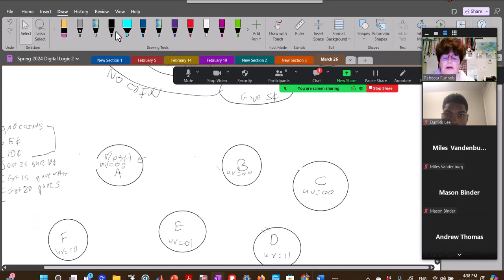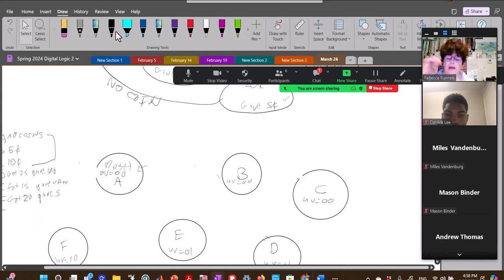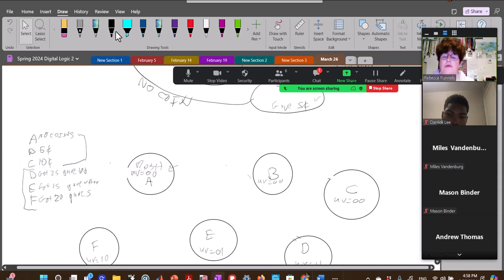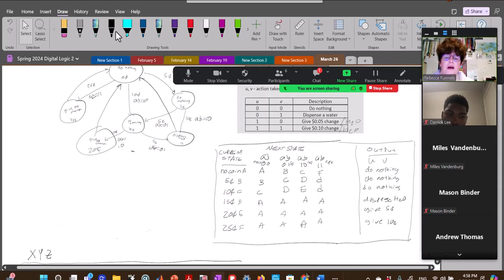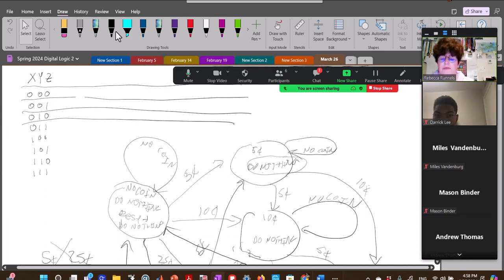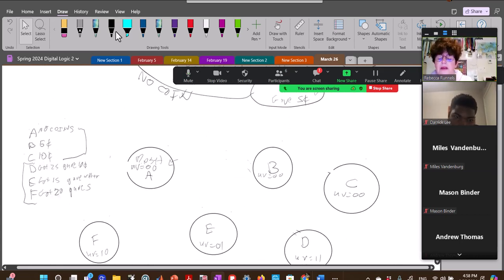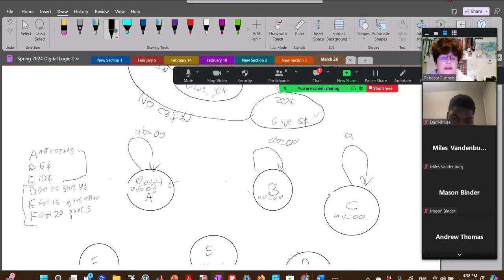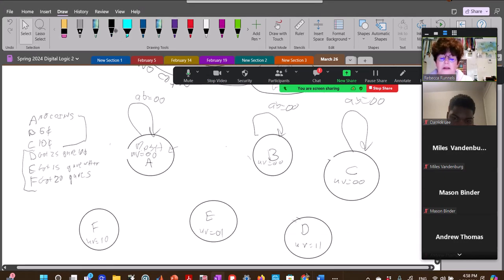Okay, now for each state we want to say what happens for a given input. If the input is no coin, then that is AB equals 0, 0. So this would be AB equals 0, 0, and this, and this.